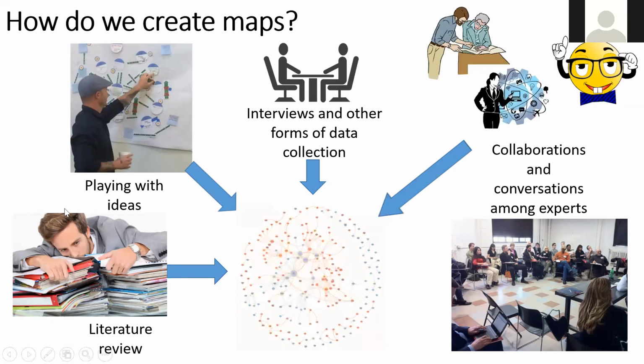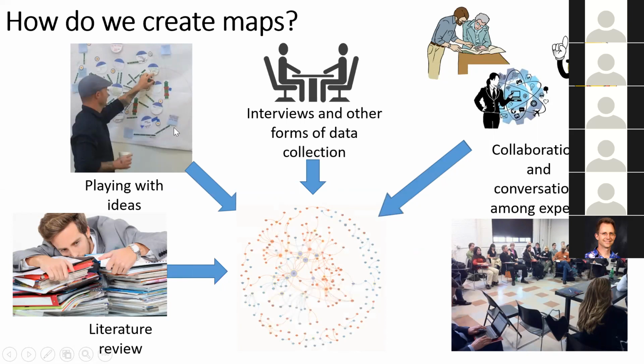You can take information from a literature review, theories from the academic literature. You can create big messy maps on walls. As Seymour was suggesting, you can do interviews, any old kind of data collection, or collaborations among experts, stakeholders.